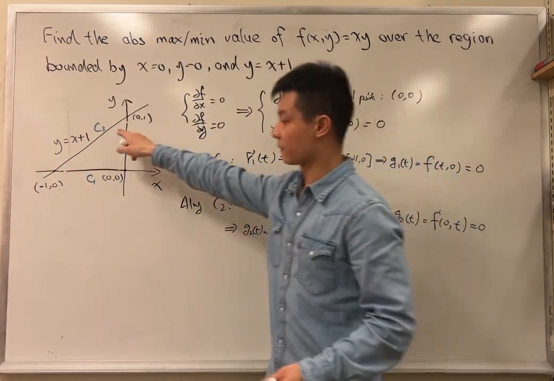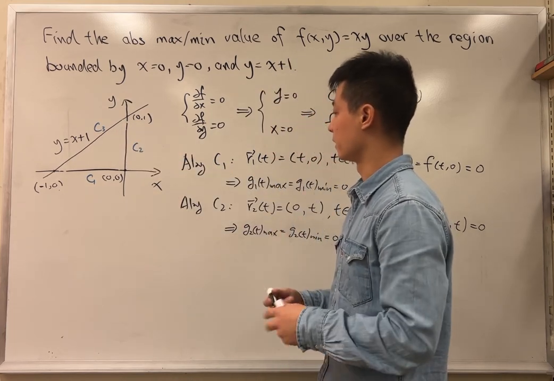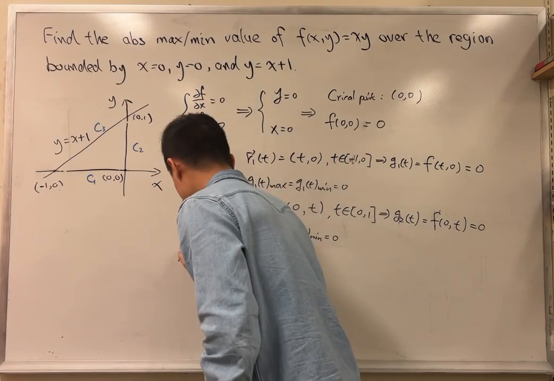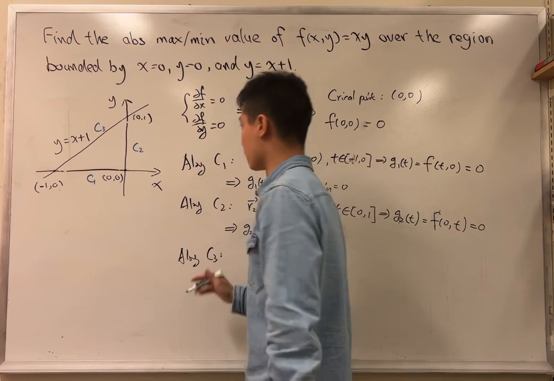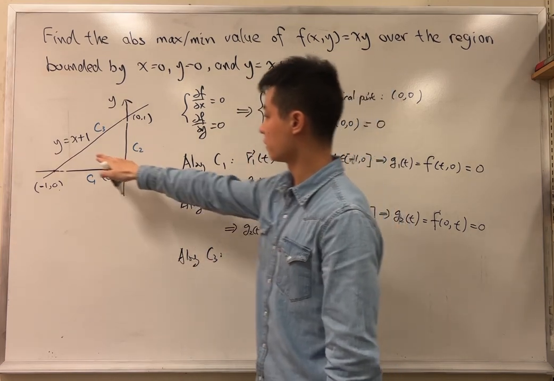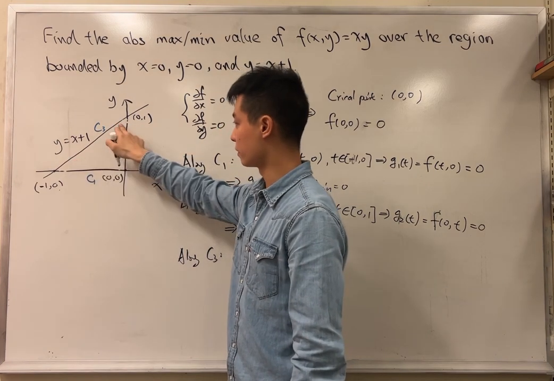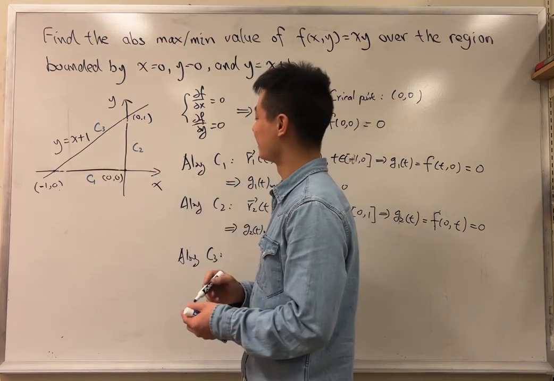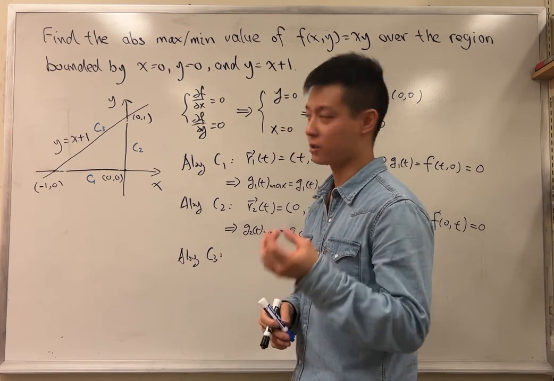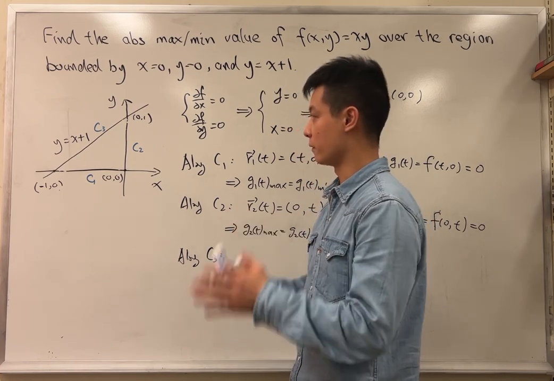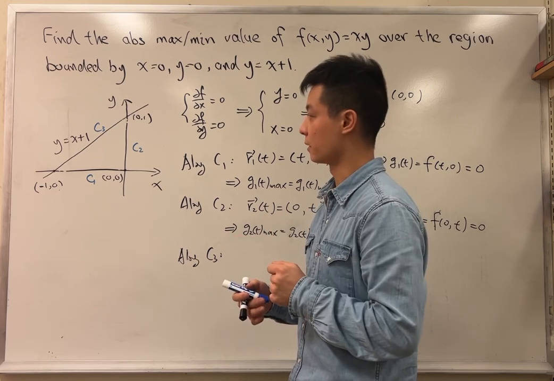Let's take a look at C3. C3 is going to be a little bit more complicated. We need to figure out a parametric equation for the hypotenuse of this triangle. Notice that the choice of parametric equation is never unique. You can have many different ways to parameterize a line segment.